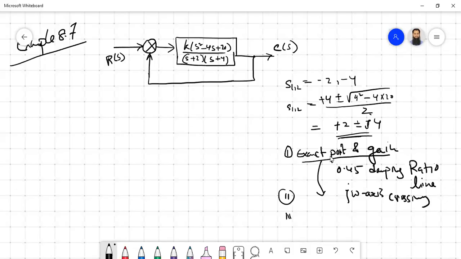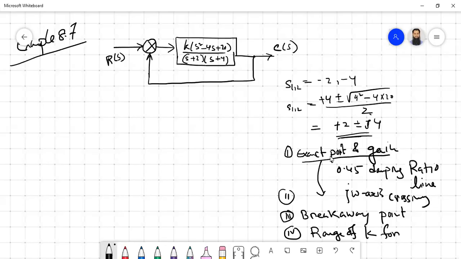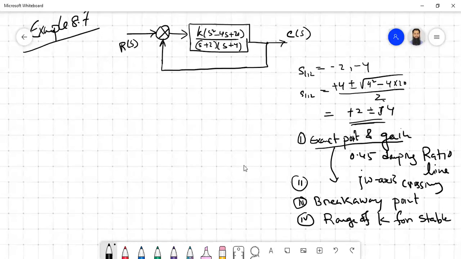And third, they're asking you to find the breakaway point. And finally, they're asking for the range of k for stability of the system, the range of k for which the system remains stable. So this is what they are asking, but they use MATLAB.